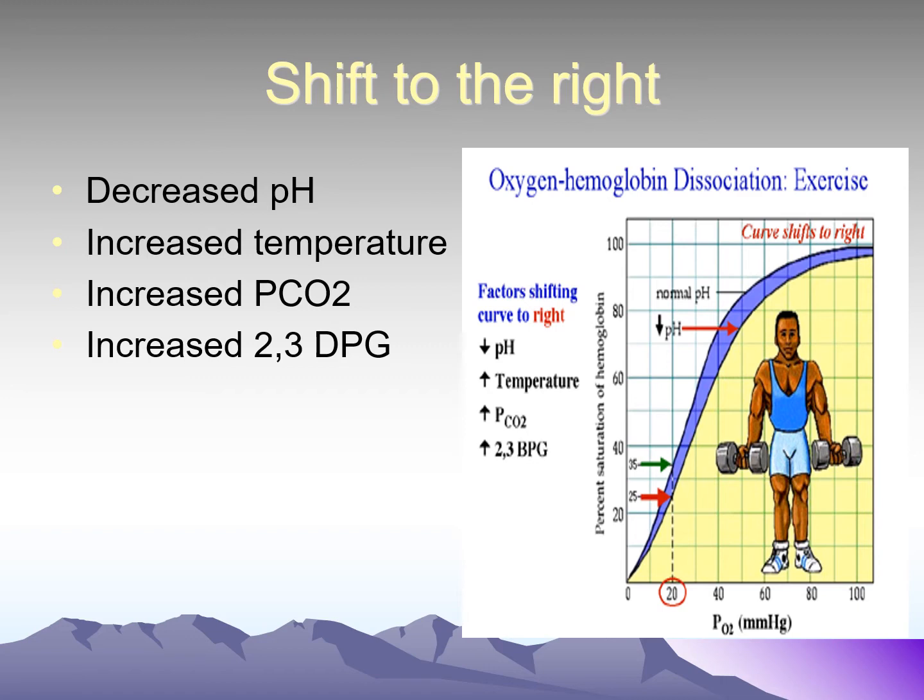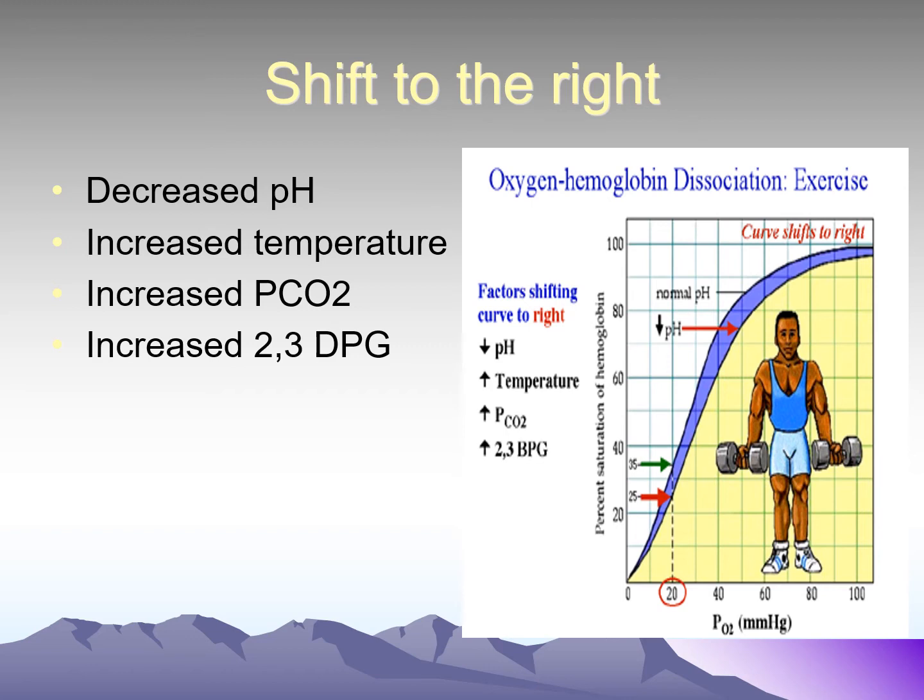I remember telling you guys before about the little acronym CADET, C-A-D-E-T, face right, a cadet face right, like a salute. C stands for CO2, A for acidosis, D for DPG, E for exercise, and T for temperature going up. That's where we have a lower oxygen affinity because we need to give up more to the tissues.